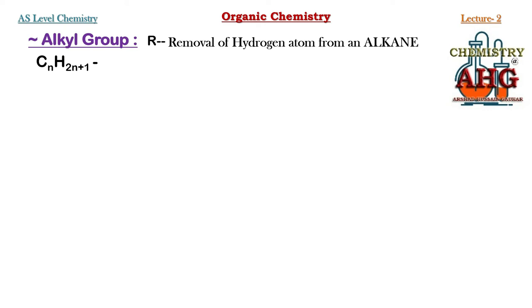If there is one carbon, there will be three hydrogens. So this is a one carbon alkyl group. Since it has one carbon, it will be known as meth. And as it is a member of alkyl group, it is known as methyl. Meth for one carbon, yl since it belongs to alkyl group.